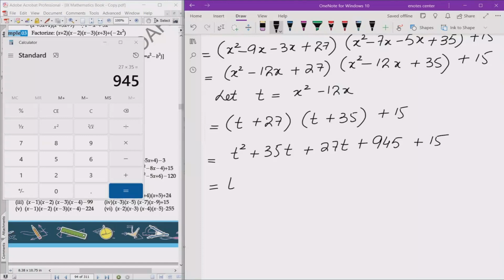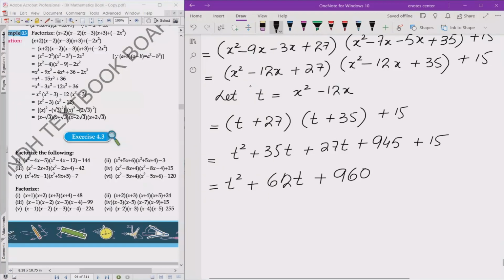Now we will simplify t squared plus 35 plus 27, this is 62t, and this one is 945 plus 15, is 960. Okay, now if we divide 960, 30 multiplied by 32 is 960. So here the factors of this term are 30 and 32.